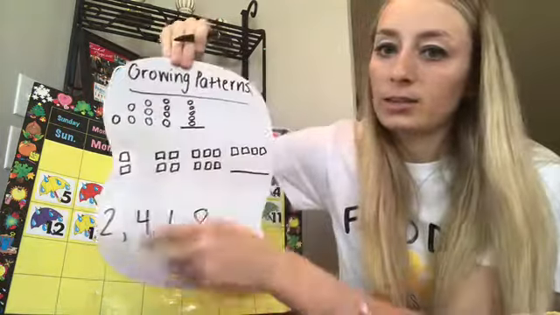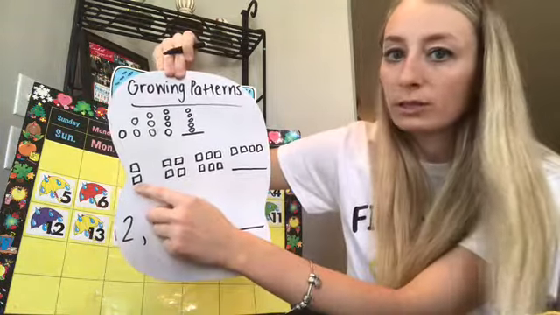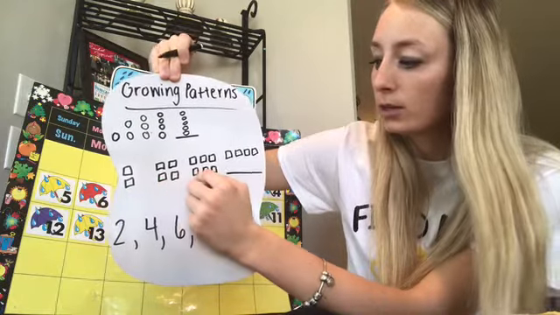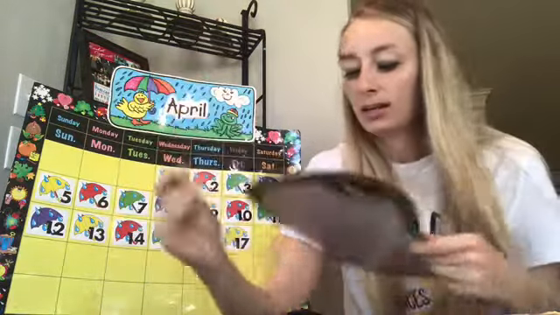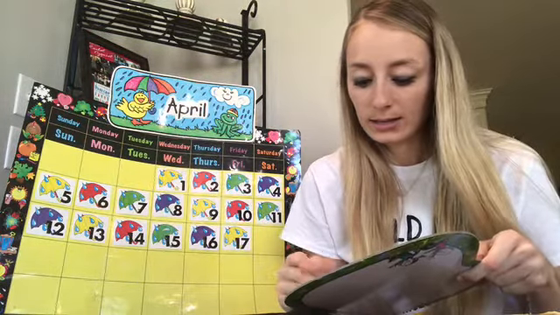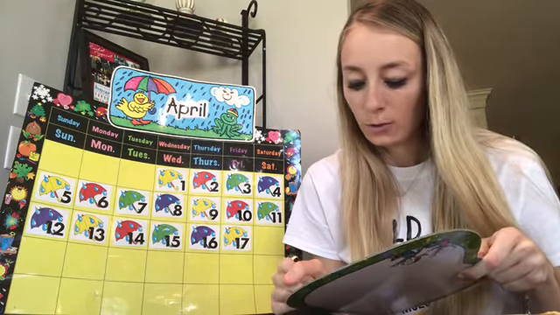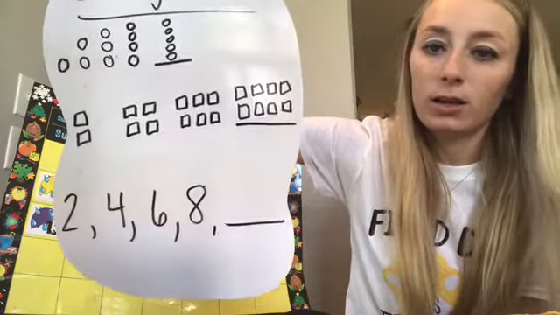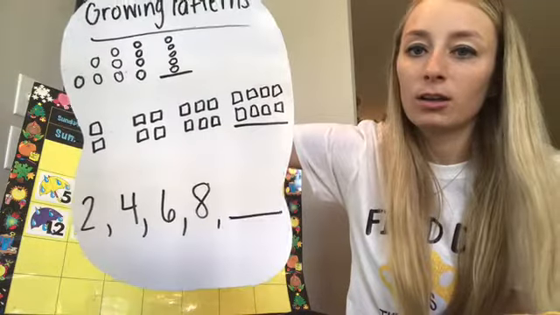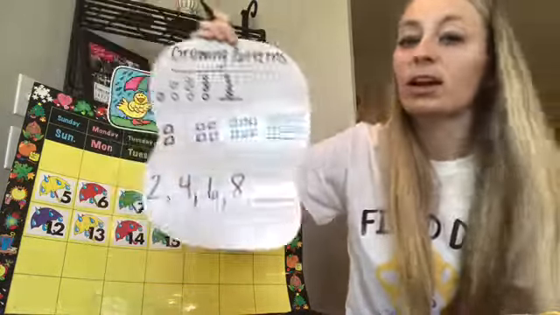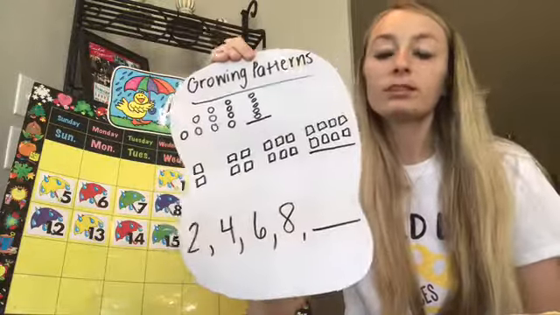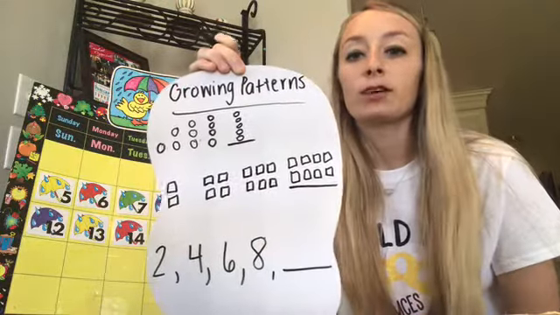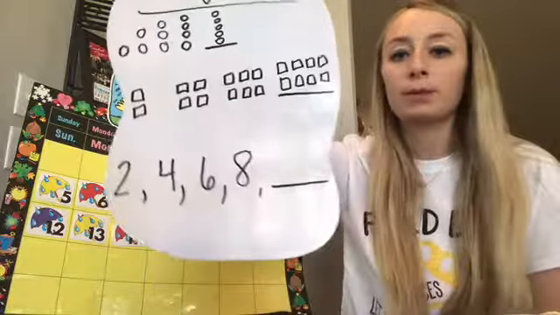And then I saw the same thing happened on the bottom. We started with 1 square, then 2, then 3. So then the next space had to be 4. If you found it a different way, that is okay because we all have different brains and we all are amazing, but perfect job.